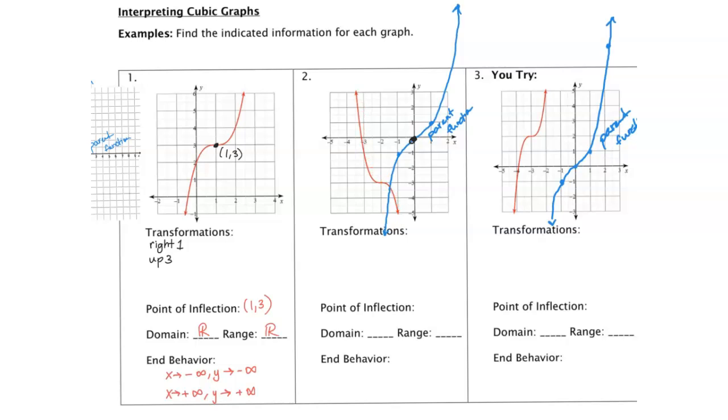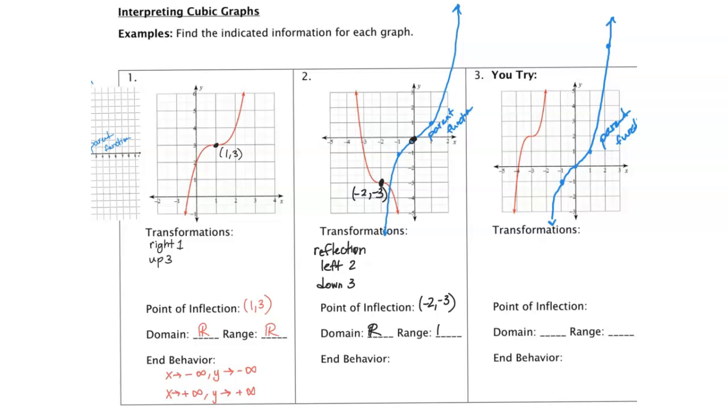So that shows us that we have a reflection. And if we follow that point of inflection around, which is at -2, -3 for this one, you'll see that we had a shift left of 2 and a shift down of 3.